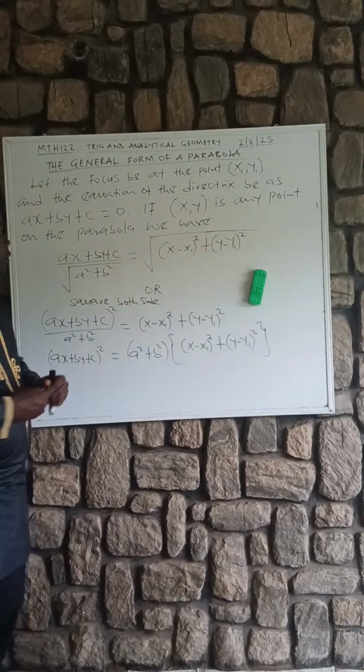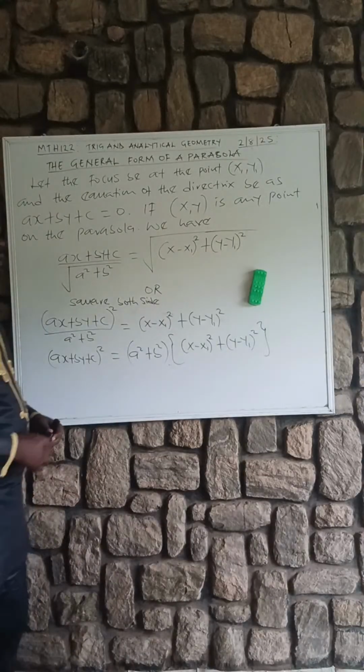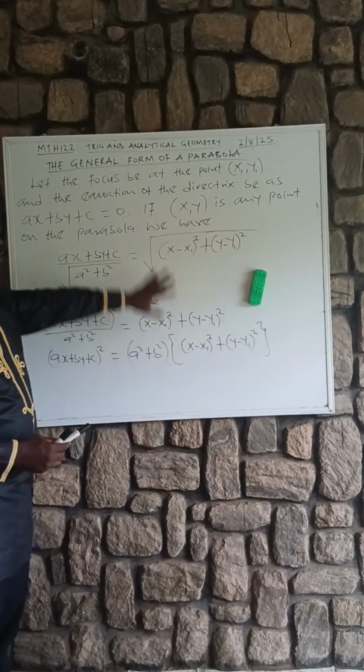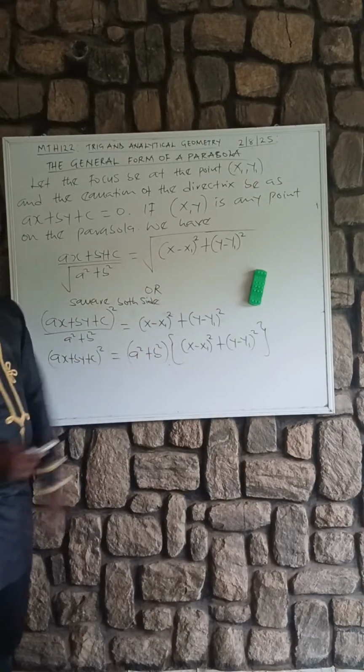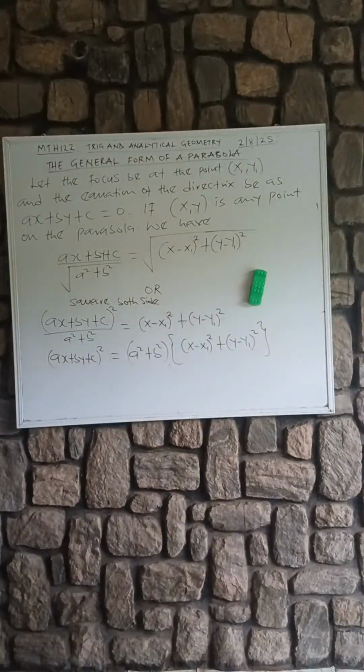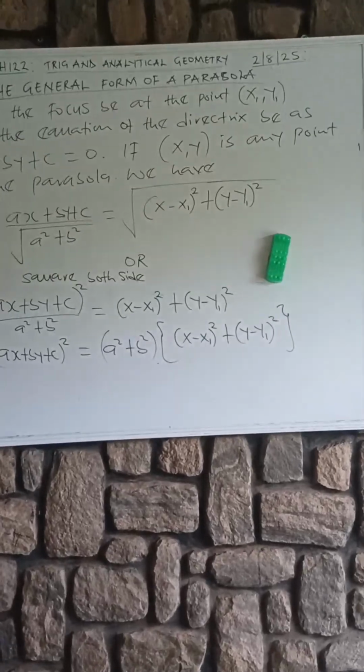So this is the general form of the equation of a parabola. Either you use this or this, it is the same thing. Take note. Whenever you are asked of it, always bear in mind that this is it. Is that clear?